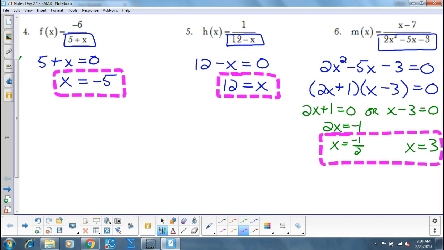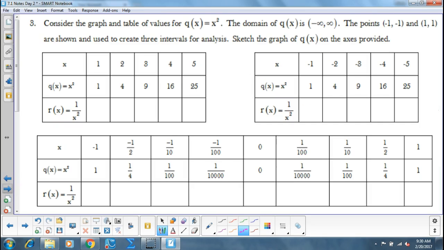Last page in your packet is this problem. Consider the graph of the value for the table of x squared and all that fun stuff. So what I want you to do is just like what we did on Friday, fill in the table, graph that function, answer those questions.